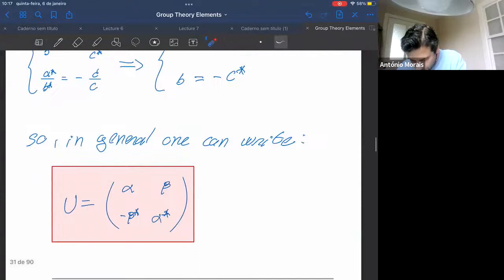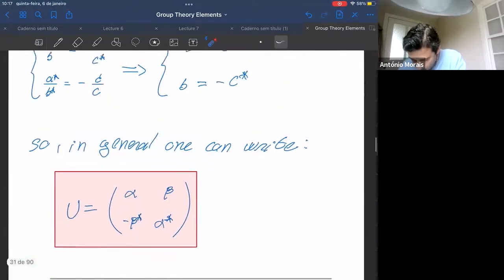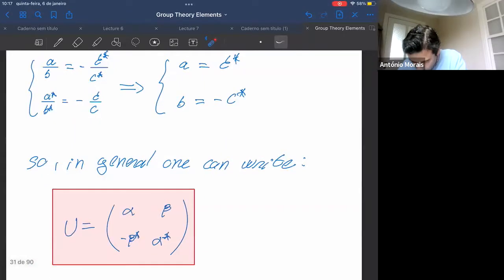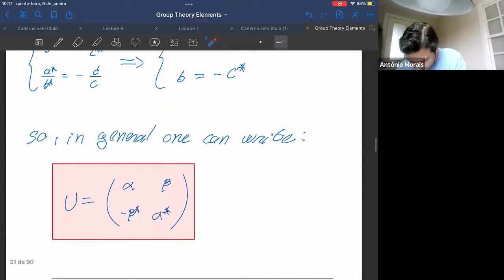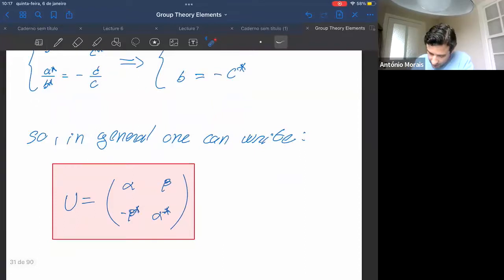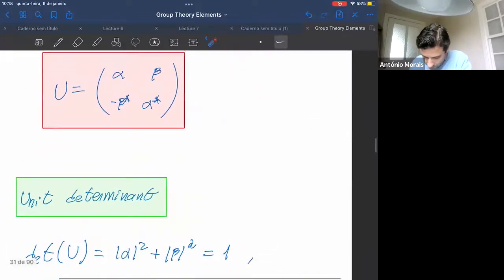And in general, we can write this as a matrix in this way. Now I'm trading A for alpha and B for beta, because it looks nicer, being Greek letters. But this is the general way we can write these 2x2 complex matrices.